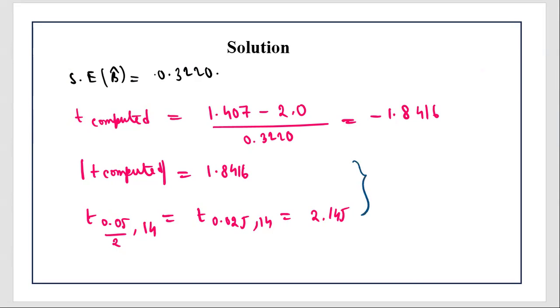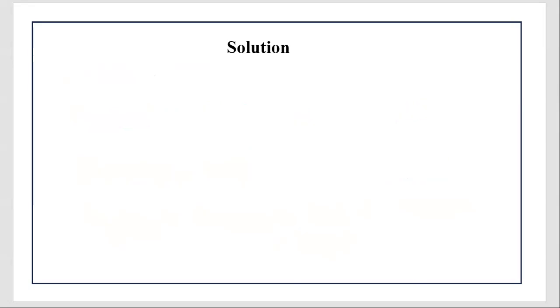So what we can see from these two things is that the T computed value is strictly less than the T critical value. This is the T critical value, right? So the T computed value is strictly less than the T critical value. Diagrammatically, if you see, this is something like this.